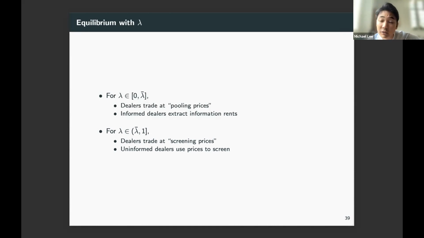In contrast, uninformed dealers are scared about being scalped by informed dealers, and they use very extreme prices to screen. That ensures that while they reject a lot of trades, and their offers are only accepted sometimes, they aren't scalped by informed dealers.